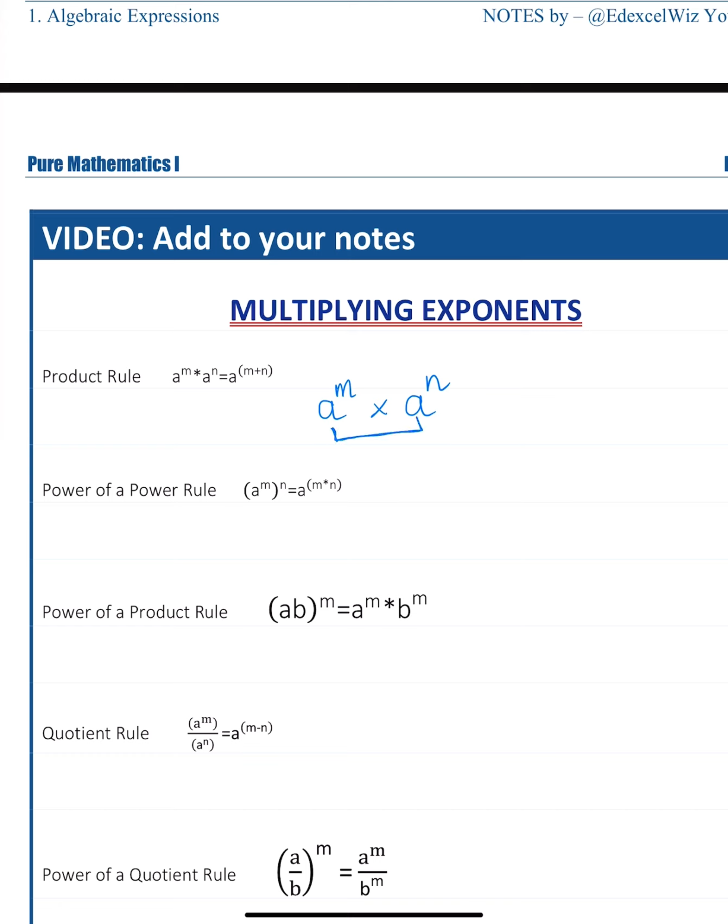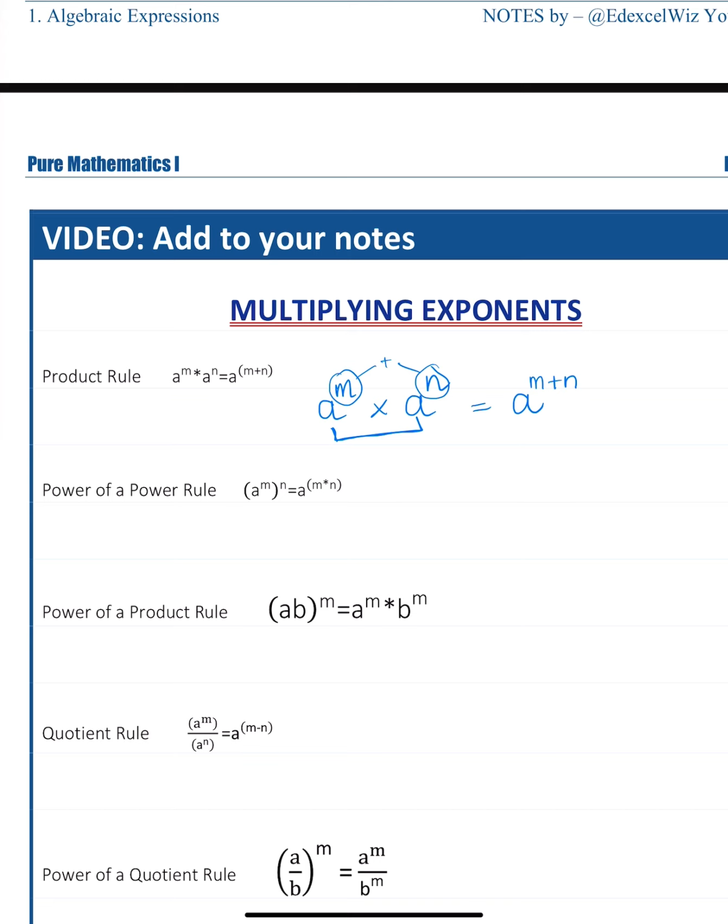Then you can multiply. Then your answer is going to be, since the base is the same, I'm going to call it a, you can add the two exponents, the two numbers. So basically this would be a to the power m plus n.